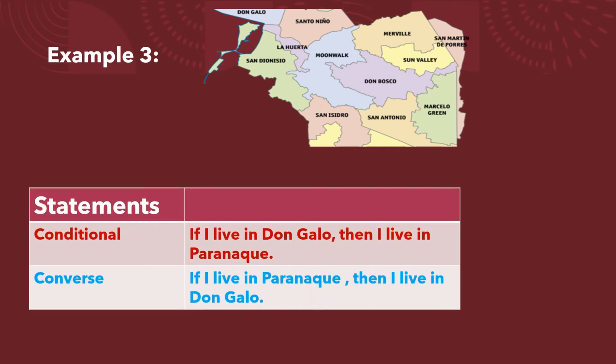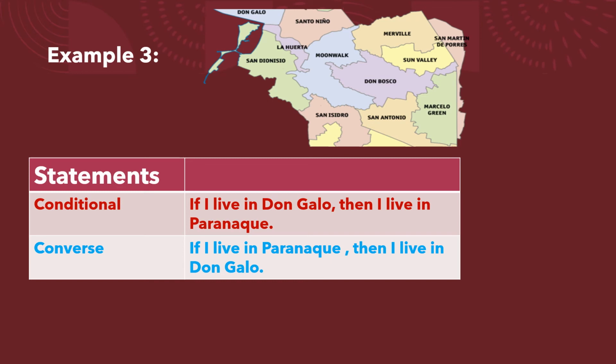Let's have another example. For our two statements, conditional and converse. For our conditional statement, if I live in Dongalo, then I live in Parañaque. Let's check its truth value.